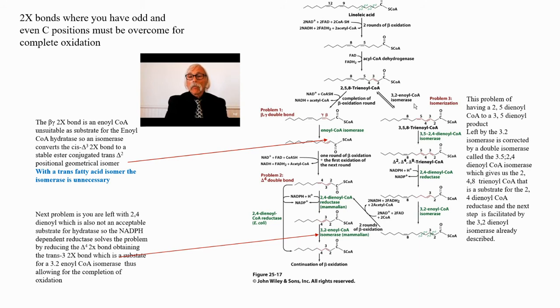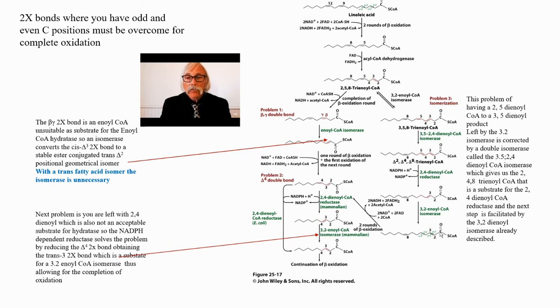Same one that ended up giving us, quote, a problem, which is fixed by this 3,5,2,4-dienoyl-CoA isomerase, giving you the 2,4,8-trienoyl-CoA, meeting up with the 2,4-dienoyl-CoA reductase, again the NADPH, the same enzyme that's here, giving you now the 3,2-enoyl, and the 3,2-enoyl-CoA isomerase then functions, carrying out the rest of the beta oxidation. So this is how all fatty acids with multiple double bonds are beta oxidized.